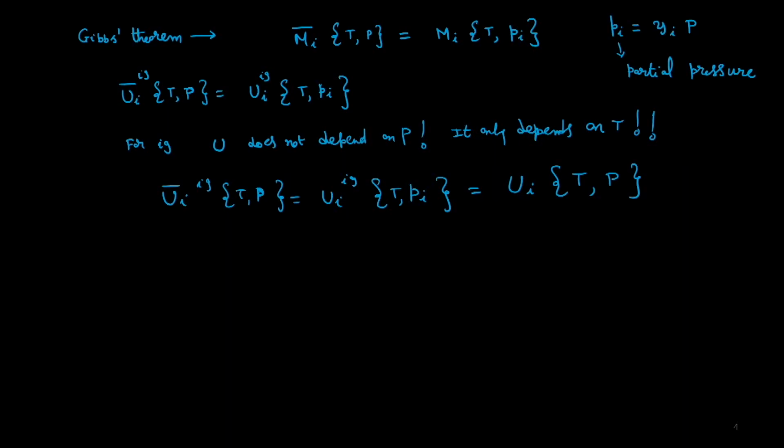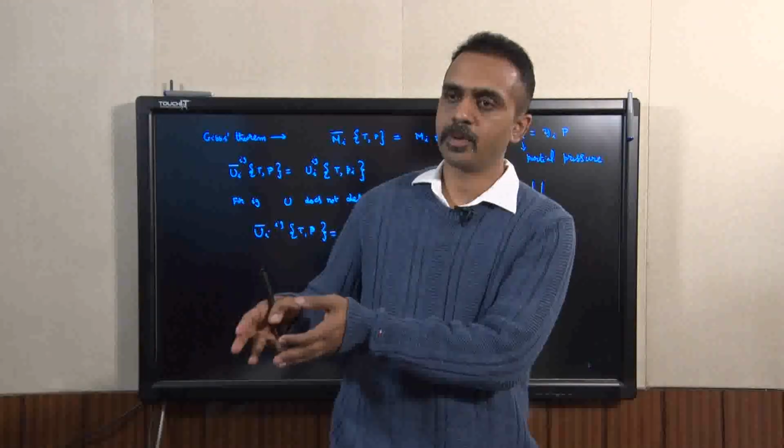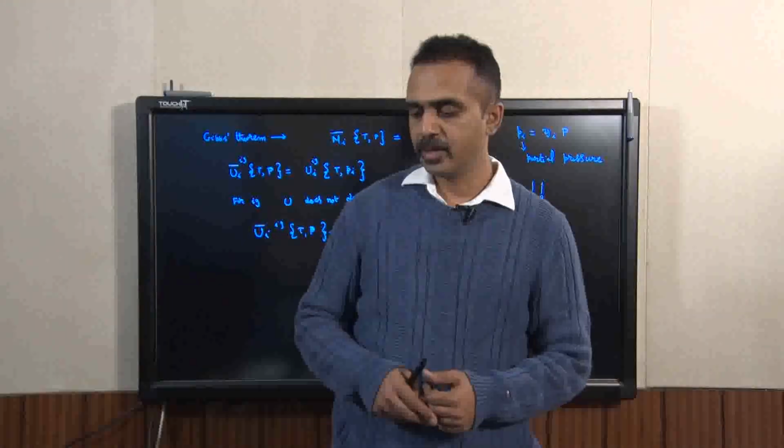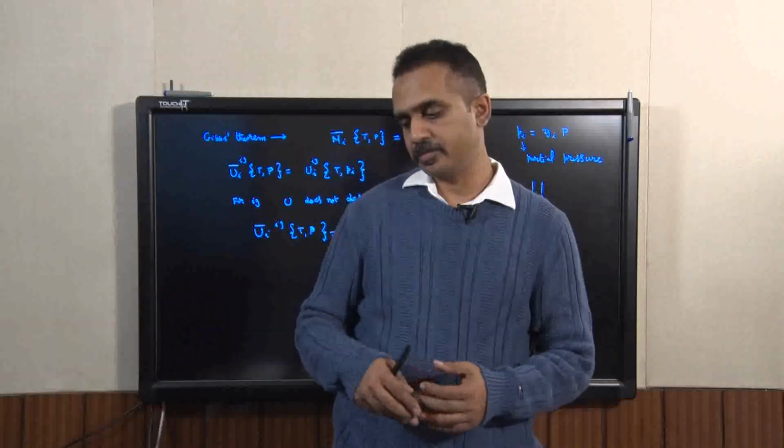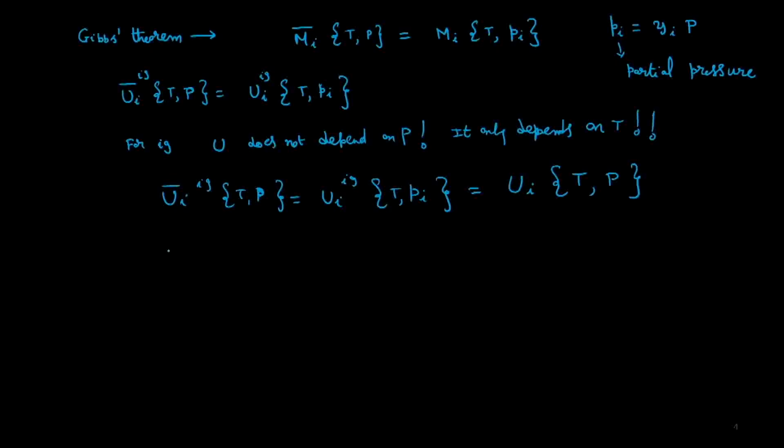And so the partial molar property for component i is the same as the pure component property at the temperature and pressure of the mixture, right? Going by similar logic, Hi bar IG at T and P, you can show that it will be the same as the pure component property at T and P. And again, as long as the temperature is the same, the enthalpy does not change, right?